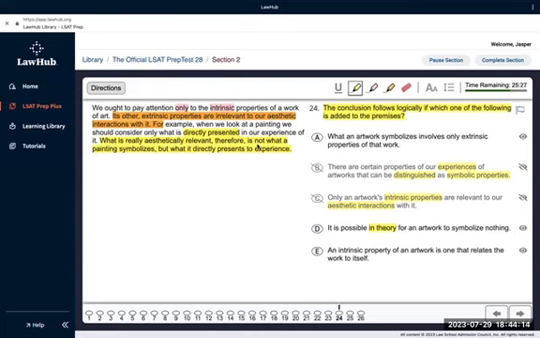So we shouldn't pay attention to the symbolism when we're evaluating a painting aesthetically, or experiencing it aesthetically. So I would eliminate D.